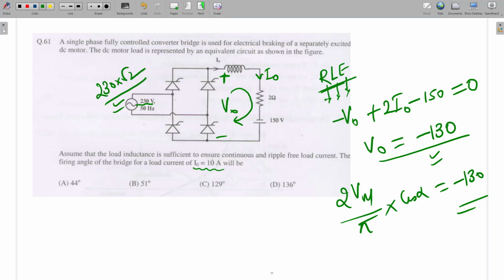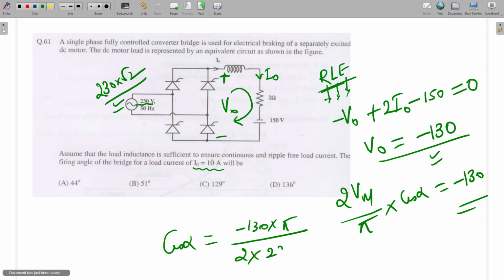So cos alpha will be minus 130 into pi divided by 2 into 230 into root 2.